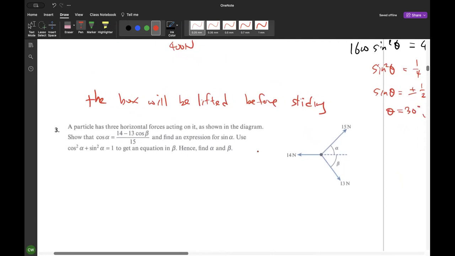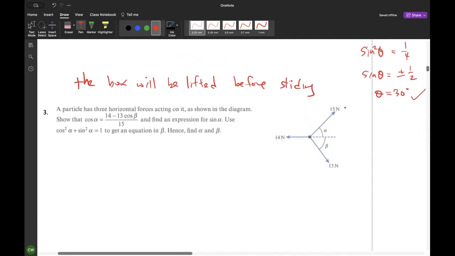Okay, next question. Can you try to prove this one from the diagram?